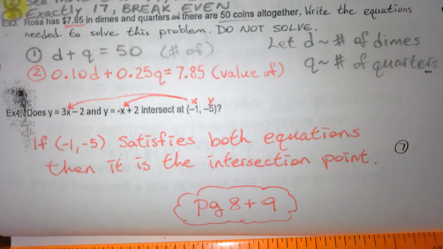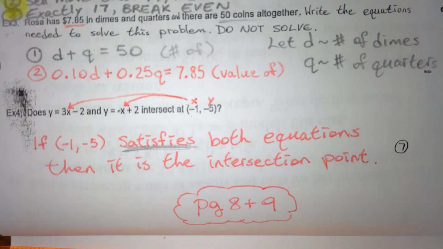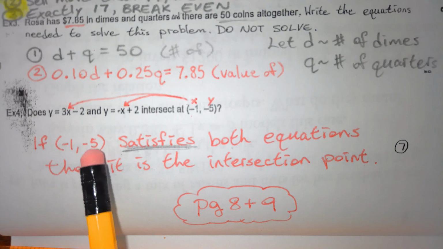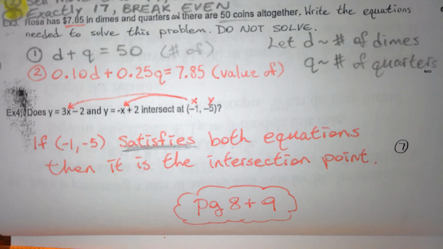Okay, so in math, this is the terminology that we use. If (-1, -5) satisfies both equations, then it is an intersection point. And we use the word satisfies. So how would you say that? It satisfies both equations, so it is the intersection point. But if it only satisfied one, then it's not the intersection.